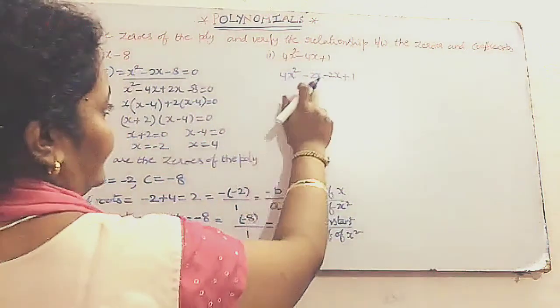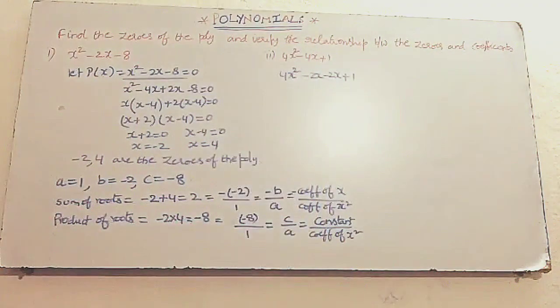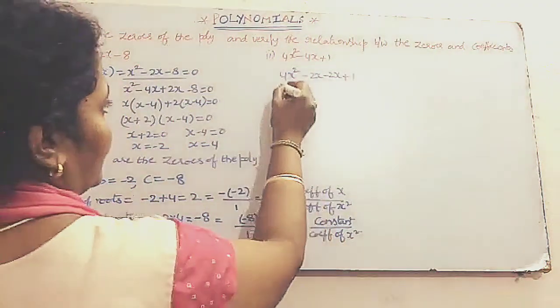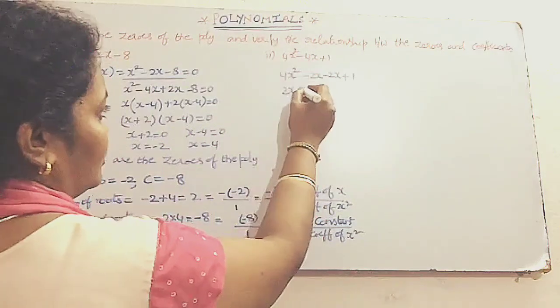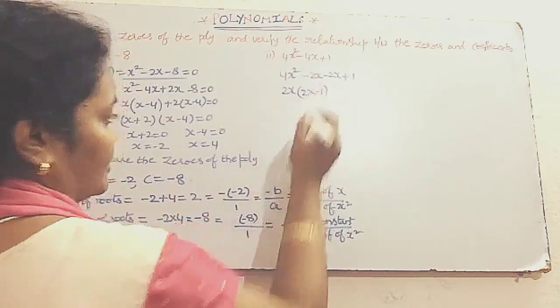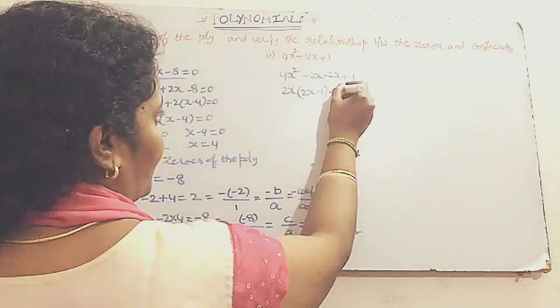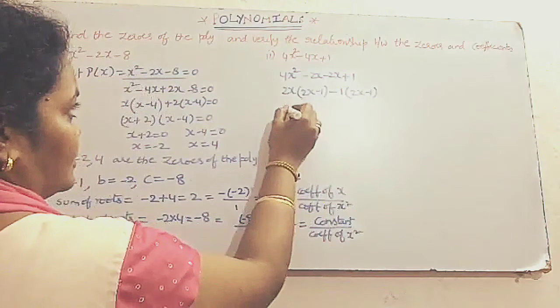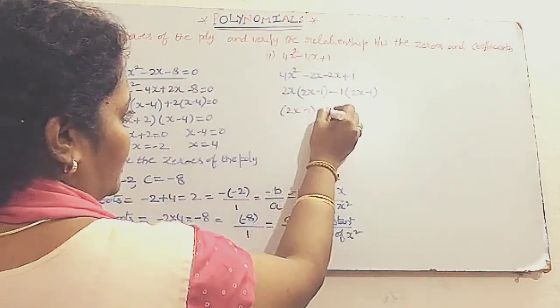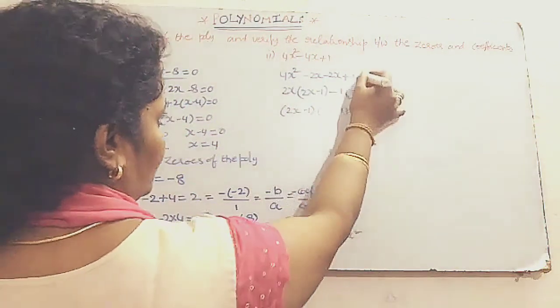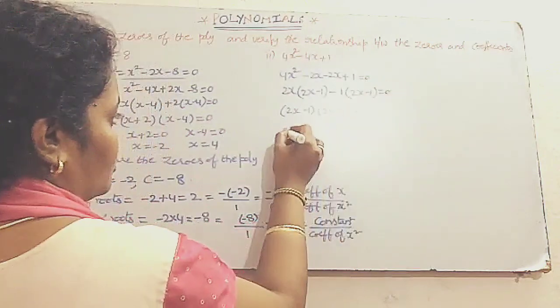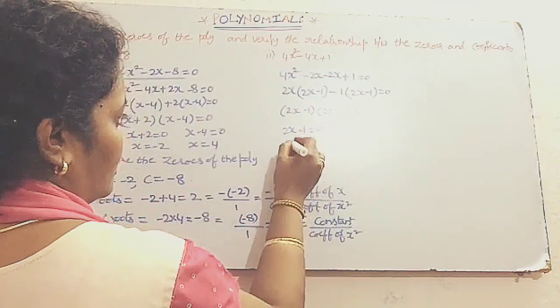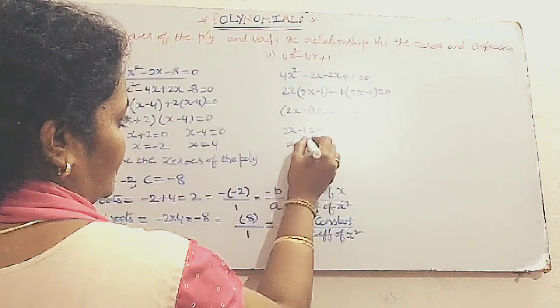I will take 2x as common: 2x minus 1, and here minus 1 is common: 2x minus 1. So 2x minus 1 into 2x minus 1 equal to 0. That means 2x minus 1 is equal to 0, x equal to 1 by 2.